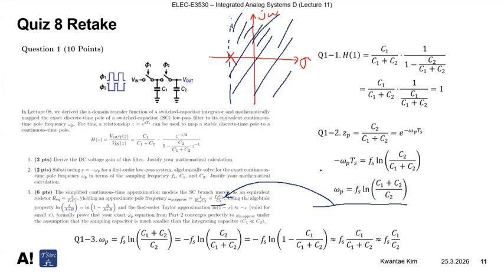Then C2 over C1 plus C2, and then you make 1 minus B over A plus B. Then you get this, and assuming that this term is much less than this term, then you can approximate ln 1 minus x as minus x according to the Taylor approximation. Then you calculate Fs C1 over C1 plus C2, and finally applying C1 is much less than C2, then you get this, Fs C1 over C2.